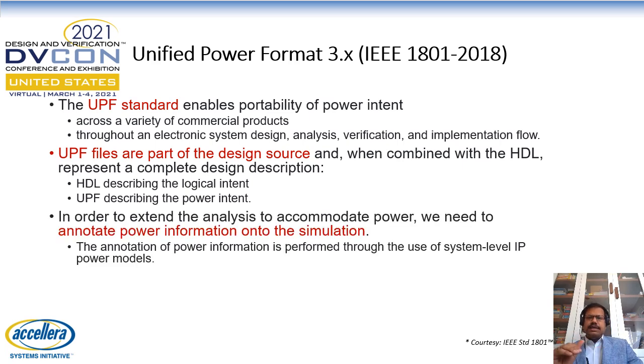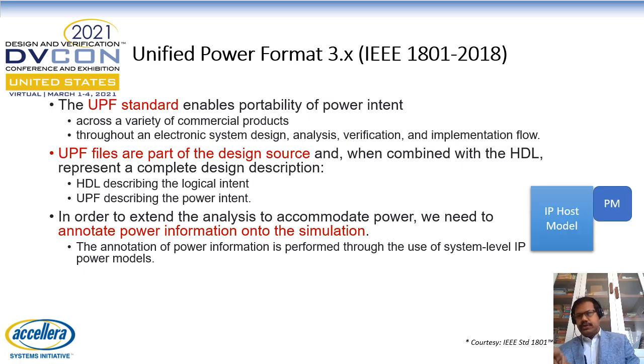In order to extend the traditional simulation to include power, we need to annotate the power information onto the simulation. And the way to do it is to use system level IP power models. So you see on the right, we have a traditional IP host based model, and then you have the power model latched onto it as a slave module.